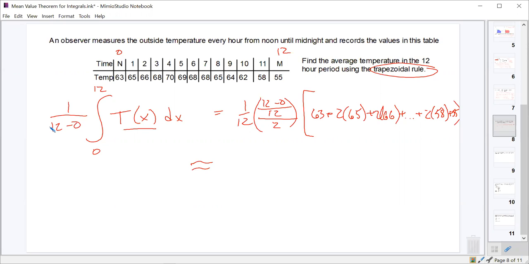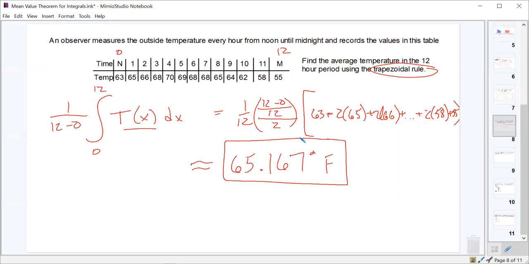Anybody got an answer there or no? 65.166. 65 point what? 0.167. Cool. Anybody else get that same thing? Yep. Cool. All right. Sounds good to me.